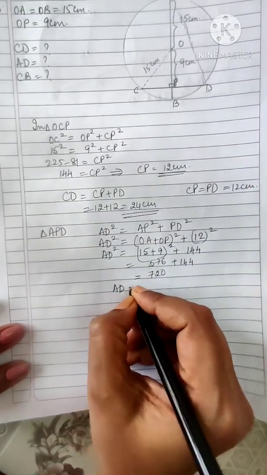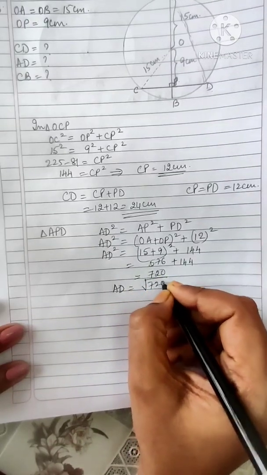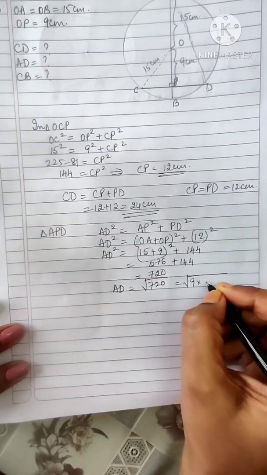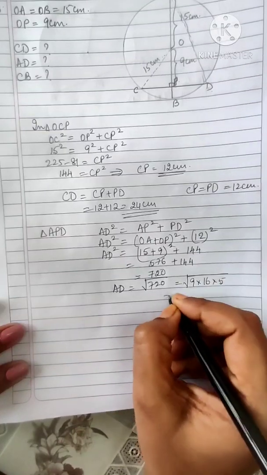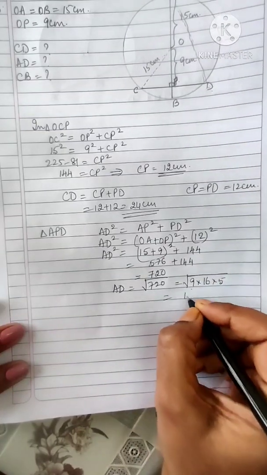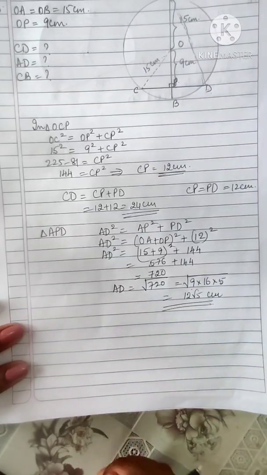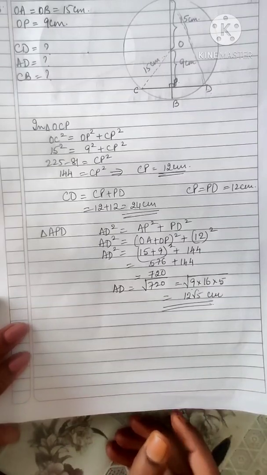So AD will be equal to root over 720, which can be split as 9 into 16 into 5. So this is 3 into 4, 12 root 5 centimeter. So your AD is 12 root 5 centimeter.